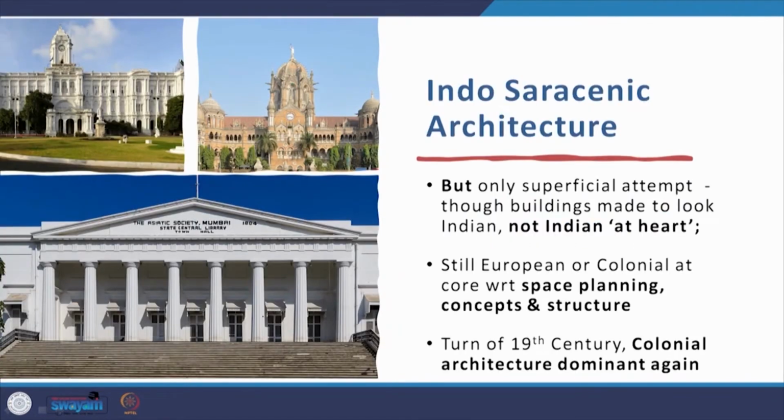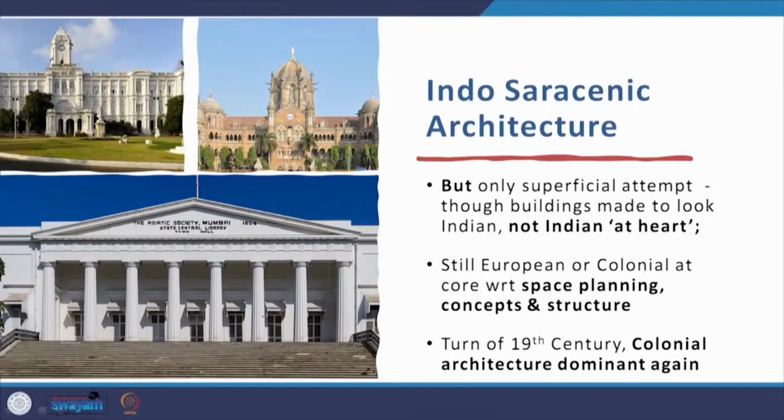I also mentioned that in spite of the fact that it was an attempt by Britain to try to validate the British Empire with a sense of unity in the Indian subjects, it was actually only a superficial attempt because the buildings were not truly Indian at heart.